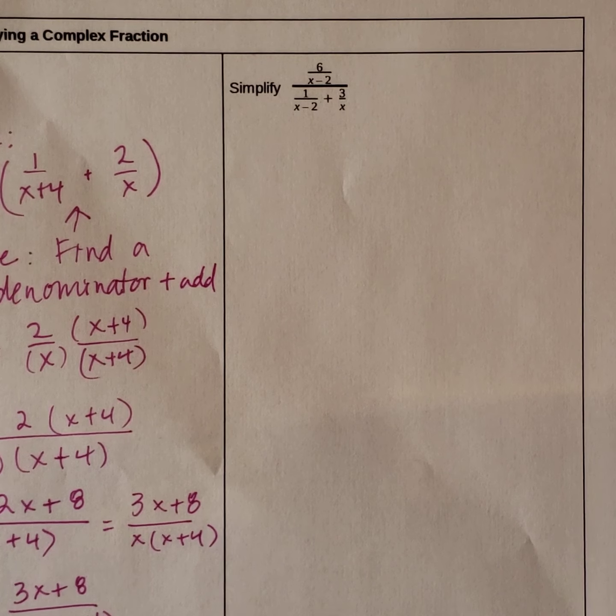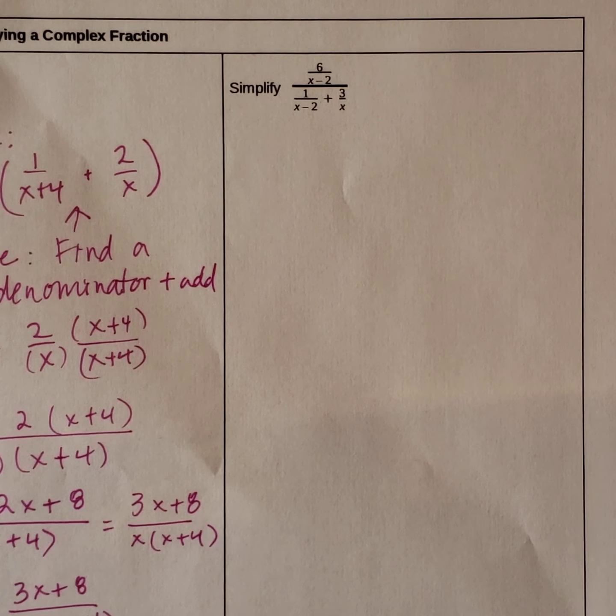So now what we're going to do is substitute this back in for this in the division. So we have 6 over x minus 2 divided by 4x minus 6 over x times x minus 2.